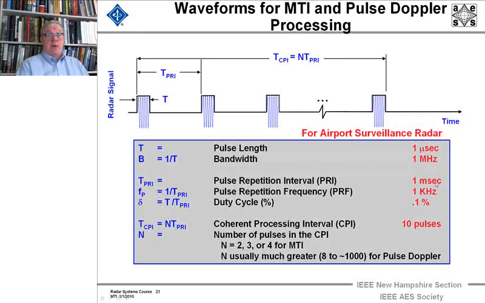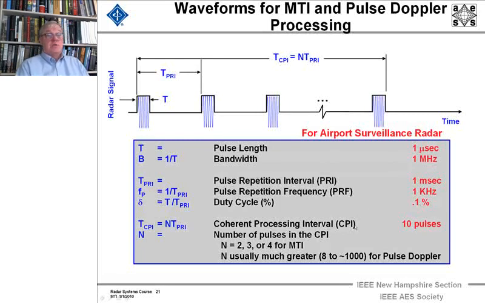The time between pulses is approximately a millisecond, and 1 over that is a kilohertz, the PRF, the pulse repetition frequency. And the ratio of those two quantities is 0.1%. Many radars will operate up to 5 or 10% duty cycle, but airport surveillance radars operate at these low duty cycles of the order of 0.1%.